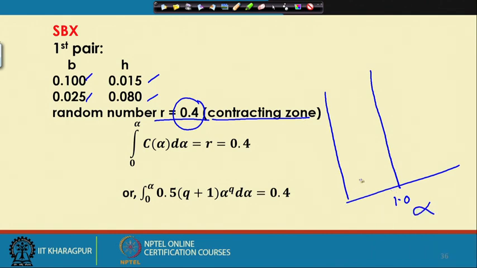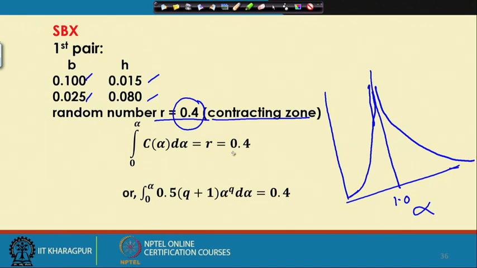Now, if you see the distribution corresponding to a particular exponent, that is q, I will be getting different types of expression. For example, if q is too high, I will be getting this type of steeper distribution for this particular probability distribution function.